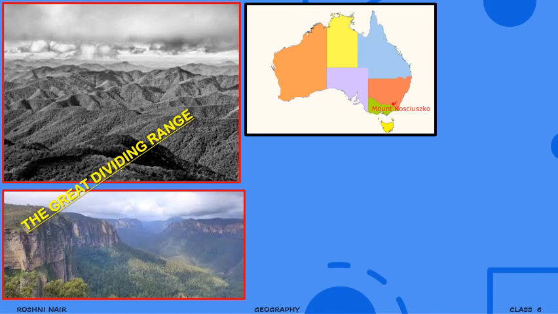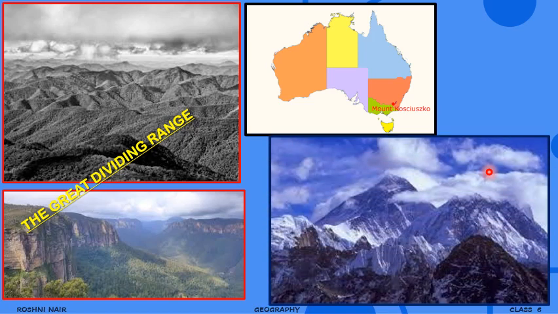See on my screen, that is the Victoria state. This green color shows the Victoria state. So in Victoria, the same Eastern Highlands are also known as the Australian Alps. Let me show one more picture of the Australian Alps. Yes, this one, the top one, shows Mount Kosciuszko, the highest peak of the Eastern Highlands. I hope it's clear for you now.